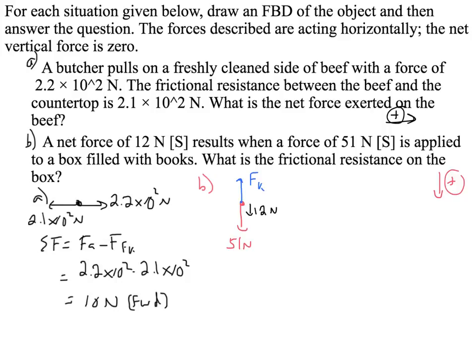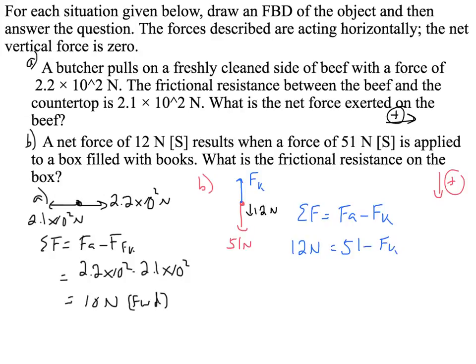What is the frictional resistance on this? Well, just like the previous question, we're going to say that F net, or the sum of the forces, is going to equal Fa minus Fk. Now we know the net force is 12 newtons. We know the force applied is 51 newtons, and we're going to subtract from that the force of friction.